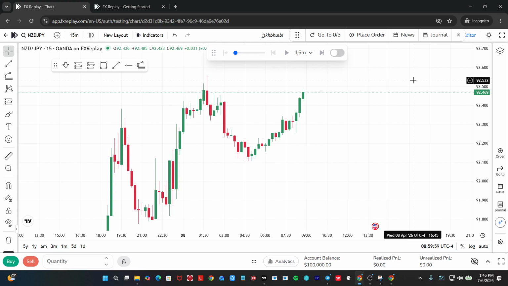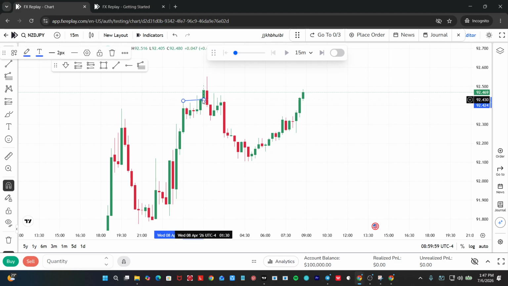So this is the second example in NZD JPY. Here the market was moving, and for people that are trading smart money concepts, this would be a change of character, as you can clearly see in the market.